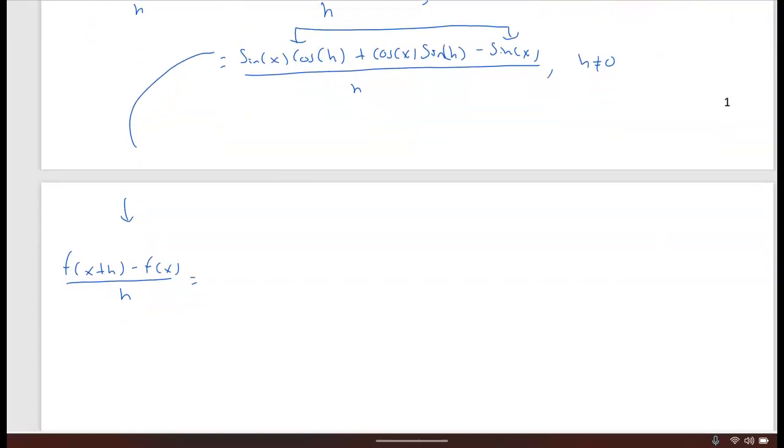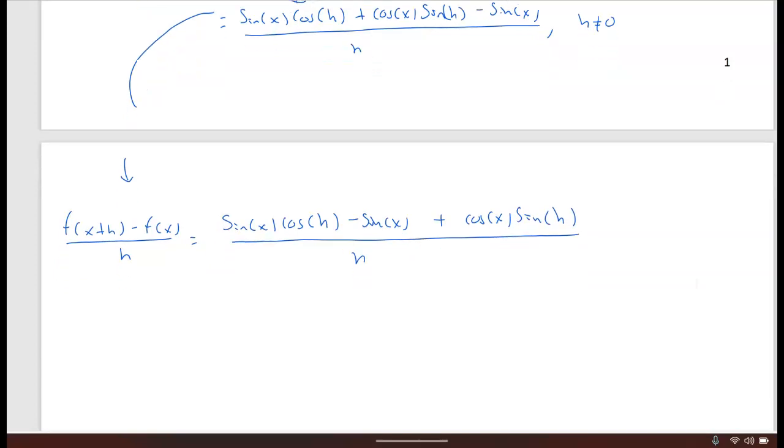So I'm looking at sine of x cosine of h minus sine of x, plus cosine of x sine of h, all over h.